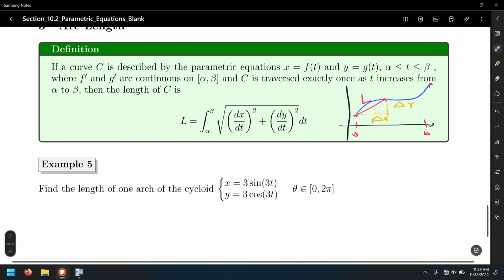So delta x changes with respect to t the same way delta y changes with respect to t.